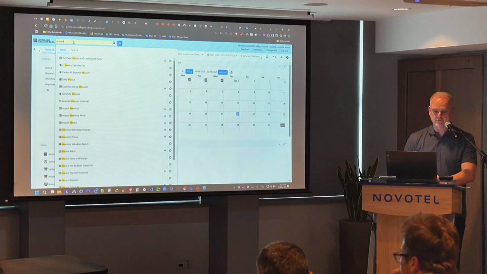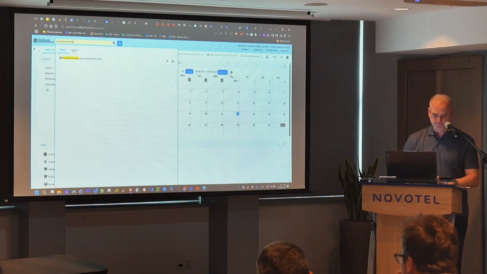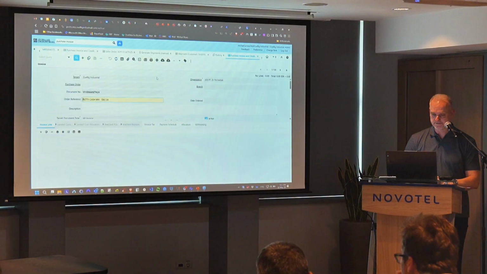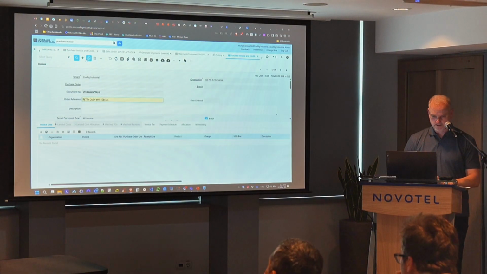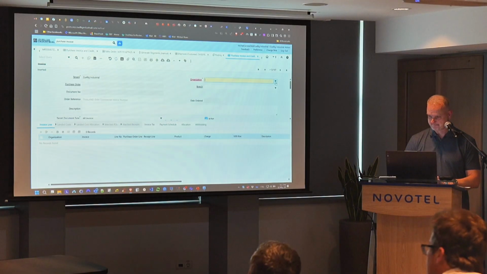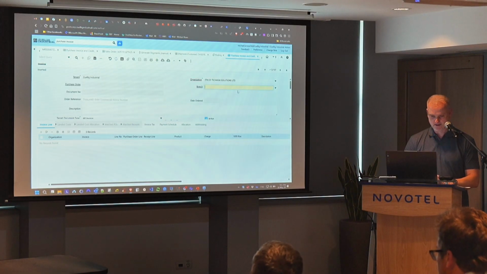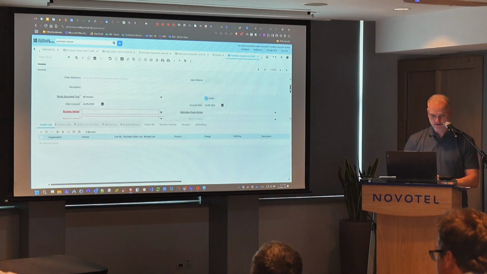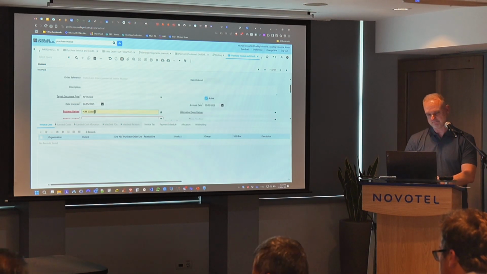We create another purchase invoice and record the landed costs. So the landed costs goes to a supplier called customs department.